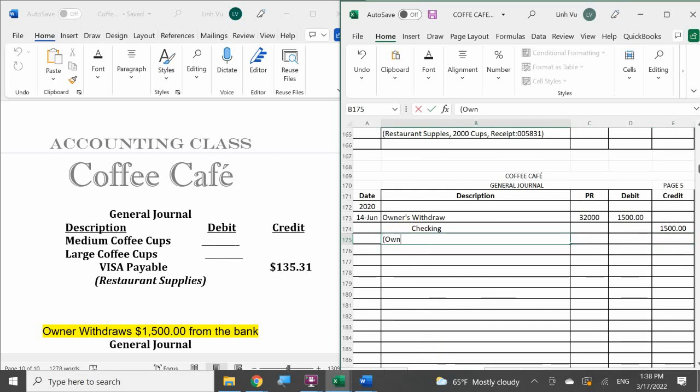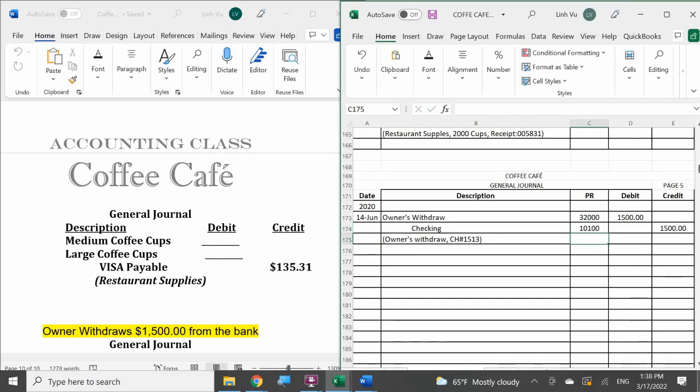You don't need to specify his name because obviously he's the owner. All right, owner withdrawal. And you wrote the check 1513, from his checking account.